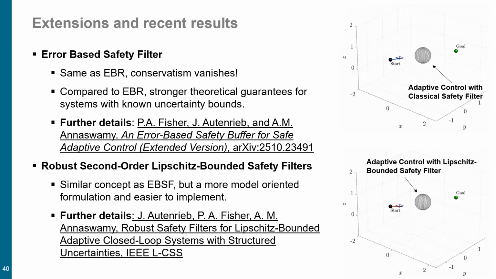Because you have continuous dynamics, which are somehow bounded in the way they evolve over time. You can exploit this knowledge to find time-varying buffers that provide safety guarantees, right? So yeah, good question. Again, if you're interested in this field, have a look.